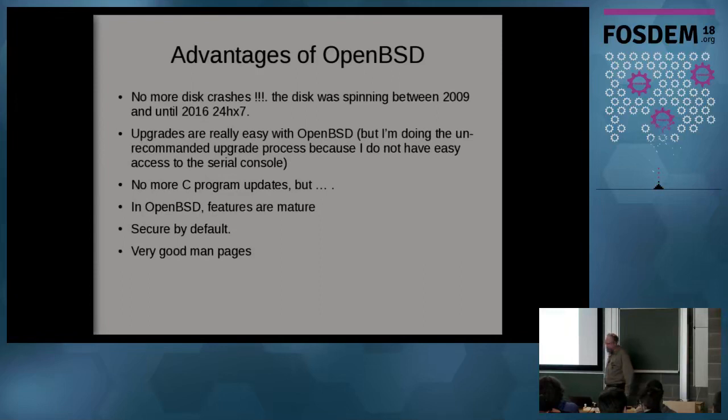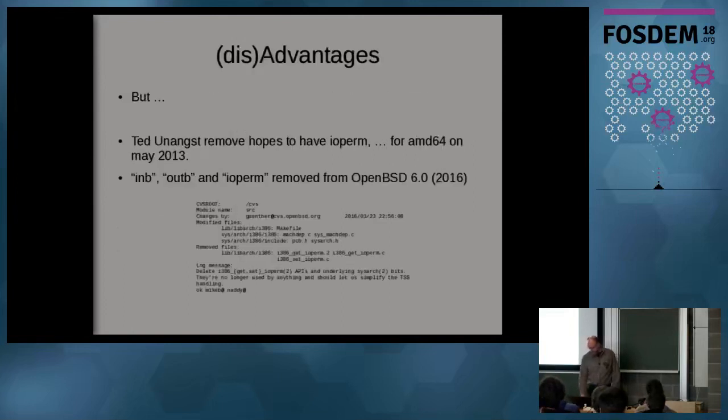OpenBSD is secure by default, and as I said, the man pages are very, very useful. So it was kind of an ideal situation, but in 2013, I saw in the mailing list that the ioperm, inb, outb that I was using was not foreseen to be implemented on the 64-bit system.